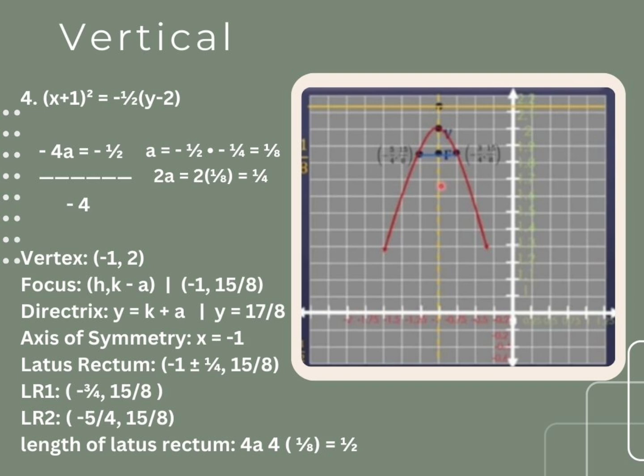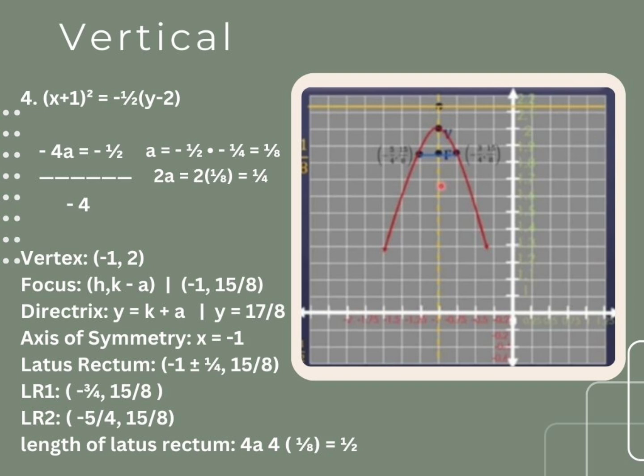Latus rectum 2 is (h - 2a, k + a) = (-1 - 2(-1/8), 15/8) = (-3/4, 15/8).